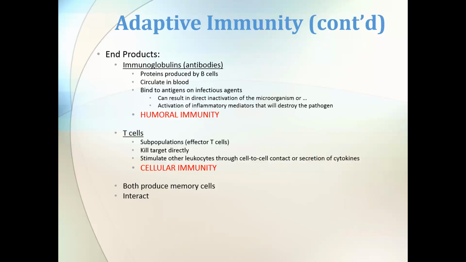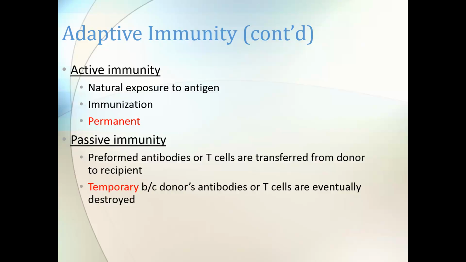Okay? So let's talk some terminology now. Let's talk about the different types of immunity that can be elicited under this umbrella of adaptive immunity. So the first one is active immunity. Active immunity is when the person, the patient, the individual, has a natural exposure to an antigen.